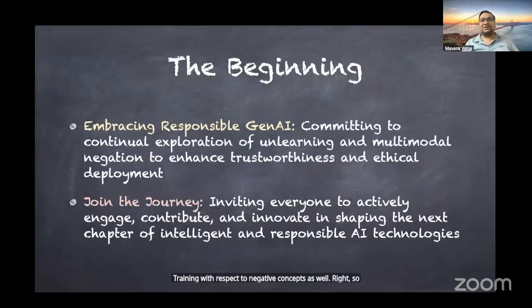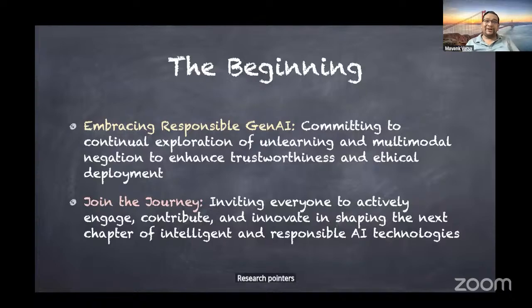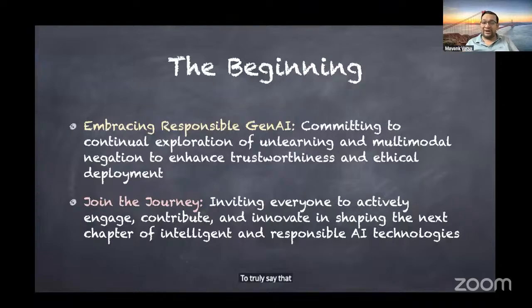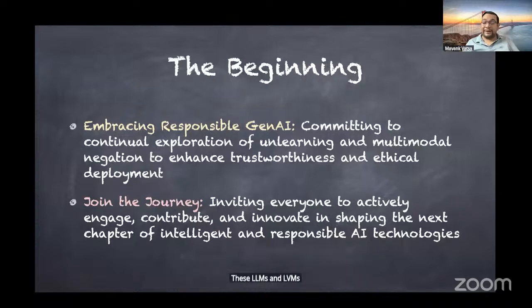So this is still the beginning of these two research pointers. We need to embrace these two concepts, machine unlearning and erasure, as well as negation, to truly say that we are heading in the right direction for artificial general intelligence and a better usage of these LLMs and LVMs for applications like medical as well as biometric domains, to ensure enhanced trustworthiness and ethical deployment.